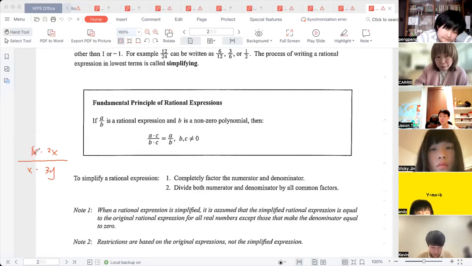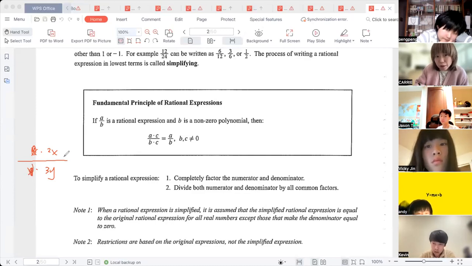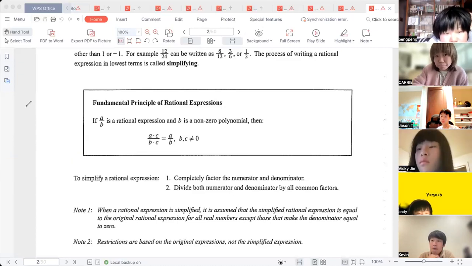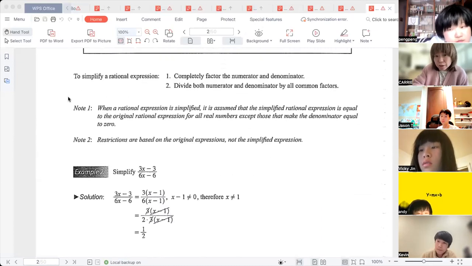So we can divide top and bottom by x at the same time, while x is not equal to 0. Kevin, if x equals 0, you cannot just eliminate it. Understand, Kevin? Okay, so now let's take a look at this one.